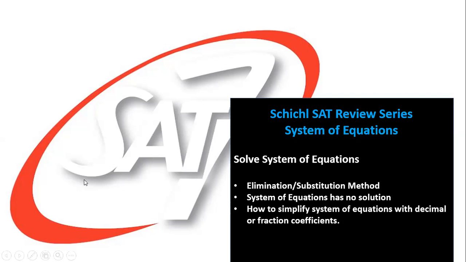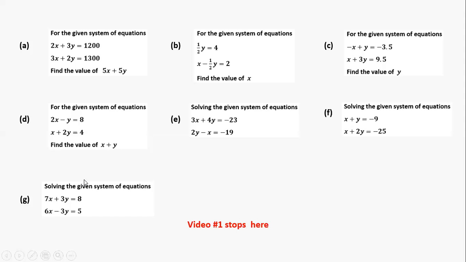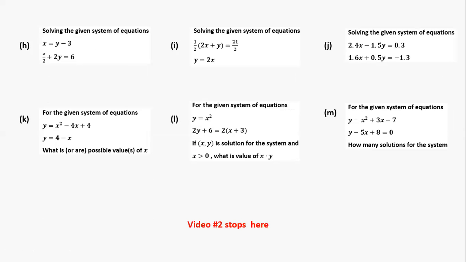If you take a look at the previous two videos, this is our first video. We just talked about how to use elimination and substitution methods to solve the system of equations. Then in video 2, we talked about what to do if the coefficients in front of the x, y have fractions and decimals. We also covered what happens if the system of equations is not linear anymore.